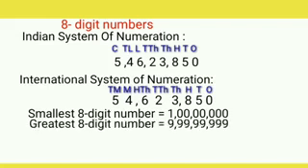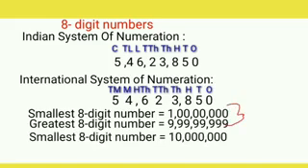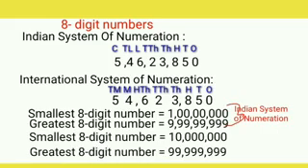So, the smallest 8-digit number is 1, 0, 0, 0, 0, 0, 0, 0. We read it as 1 crore. And the greatest 8-digit number is 9 crores, 99 lakh, 99 thousand, 999 in the Indian system of numeration.